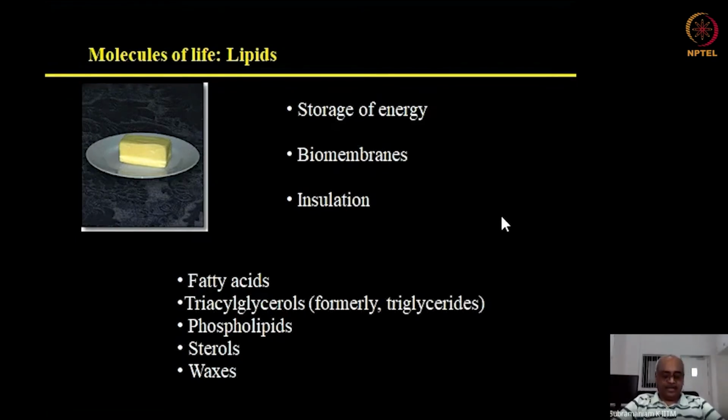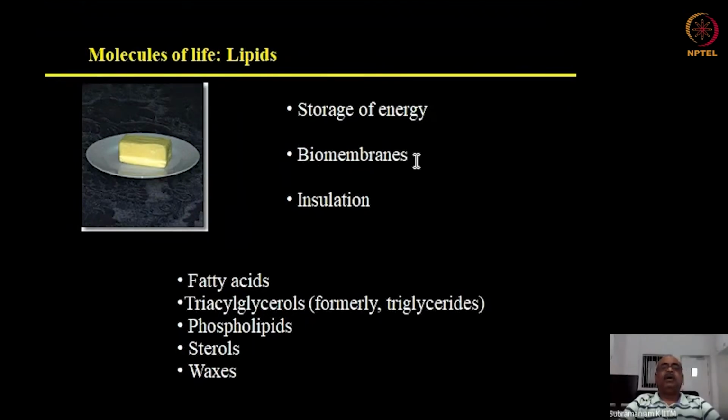So again, let us focus on the functions. Lipids are extremely important molecules. Without lipids, we won't be able to exist as we exist now. So they are very important. The most obvious one, easy to understand, is that all our cell membranes, the biomembranes, are made up of lipids.